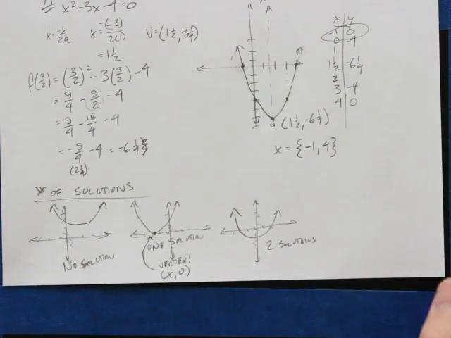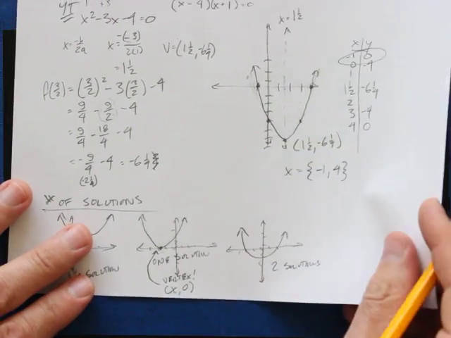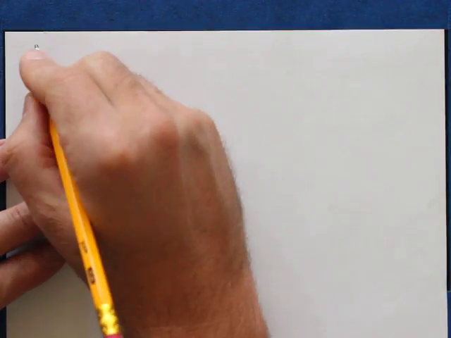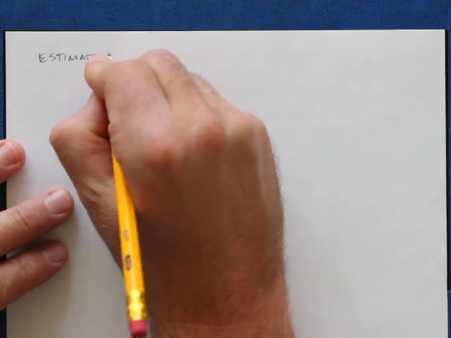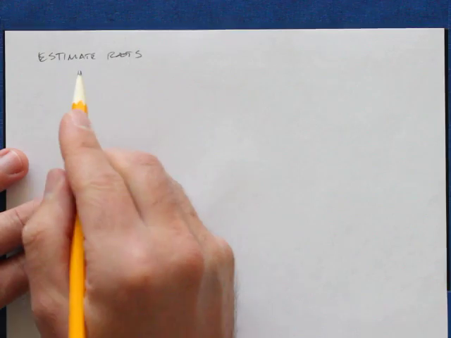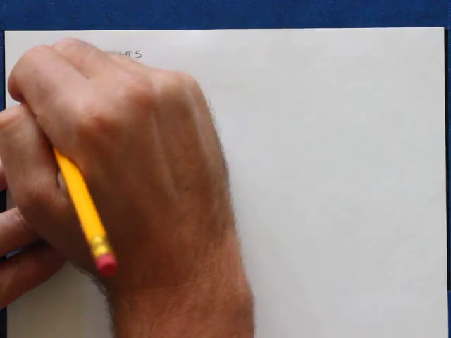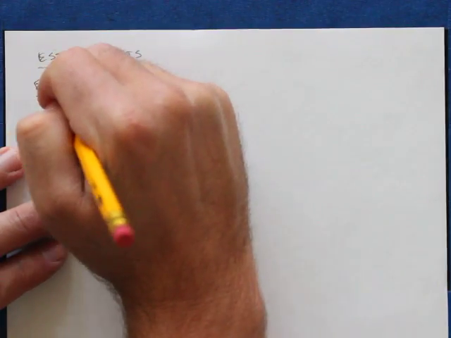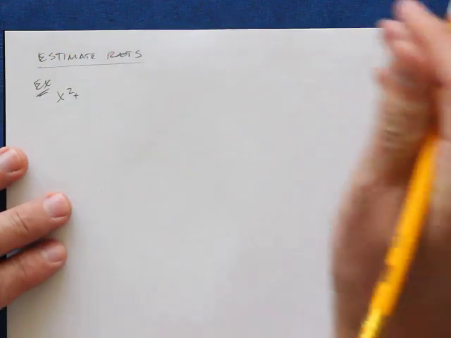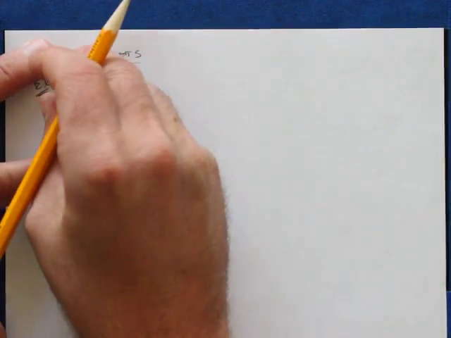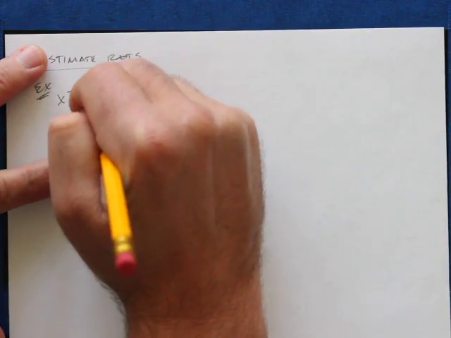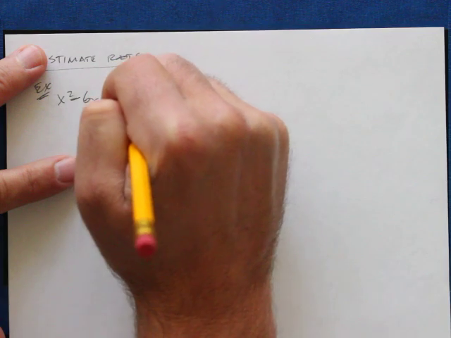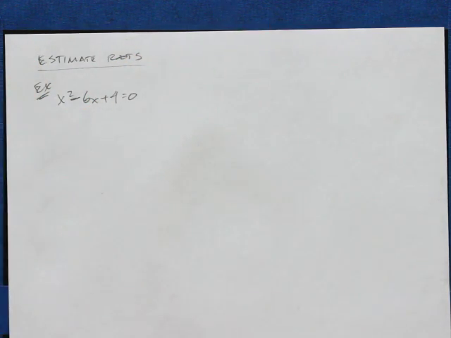All right, we've got one more thing to look at, and it is estimating roots. Sometimes you get an equation like this, x squared minus 6x plus 4 equals 0.